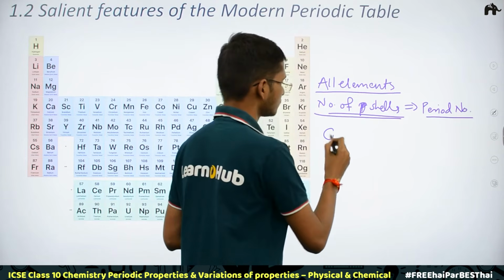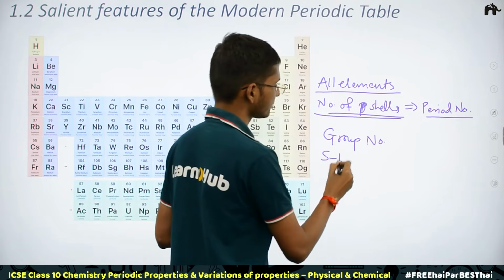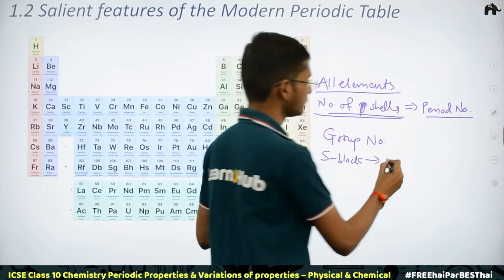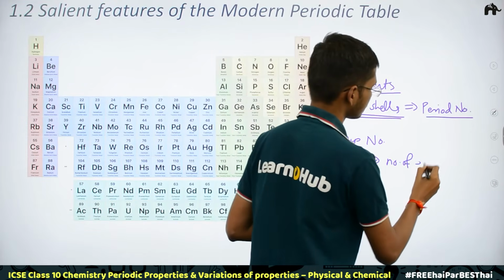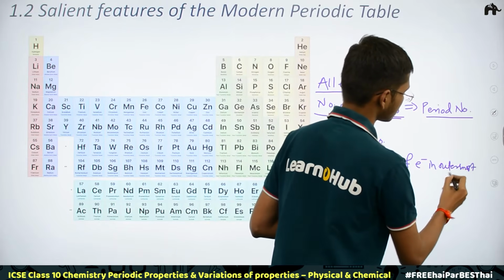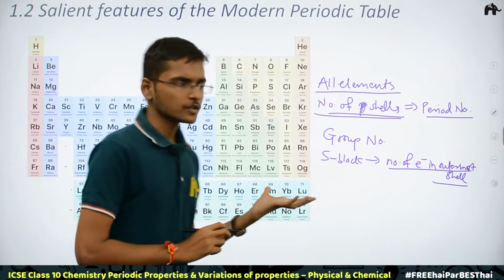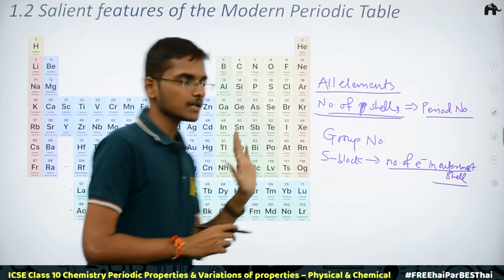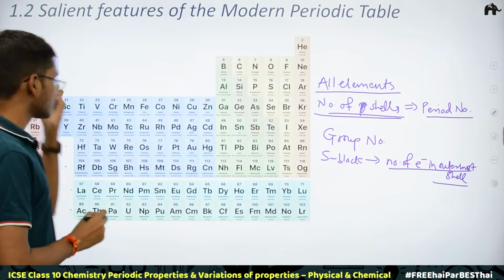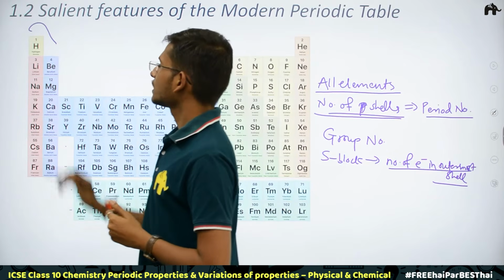But now for group number, for S block elements, the number of electrons in the outermost shell is the group number directly. I would write it here: for S block. We will see an example to understand this. See, these are the two S block groups.